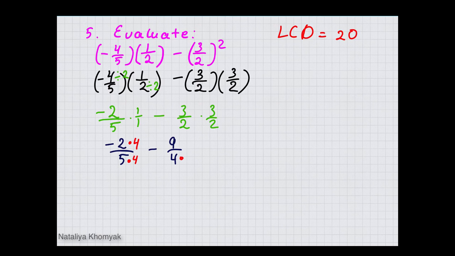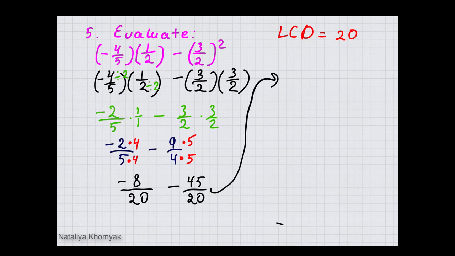In this fraction, we need to multiply 4 by 5. Whatever goes in the denominator goes in the numerator. So now we have negative 2 times 4, negative 8 out of 20, minus 9 times 5, 45 out of 20.